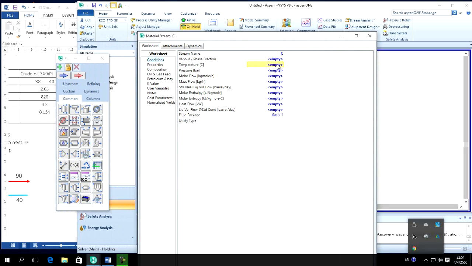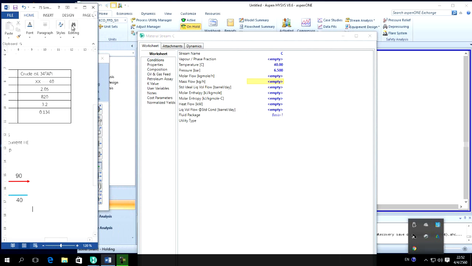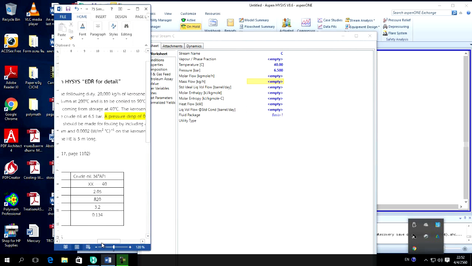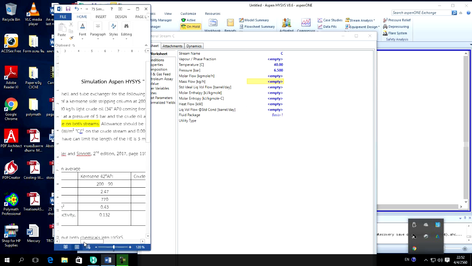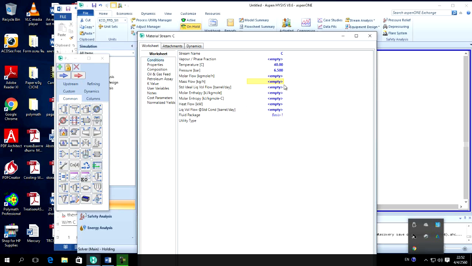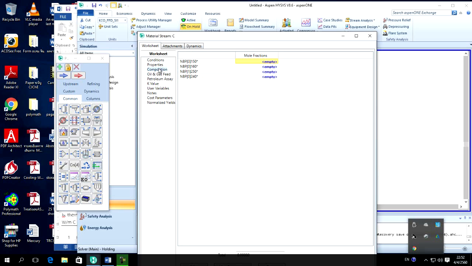The crude oil starts at 40 degrees Celsius, 6.5 bar, and the flow rate is 70,000 kilograms per hour. And this is the crude oil.